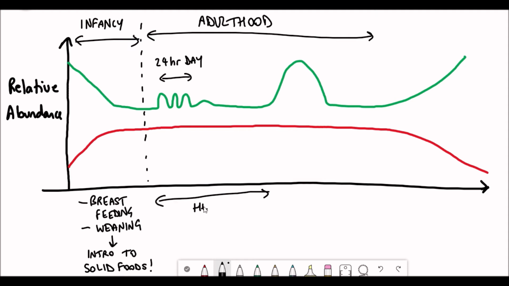So for example, if you have, let's say, a high protein diet, you will see a bias in the composition towards a certain population of bacterial species that favour that diet. And so what the healthy diet for you is thought now to be closely linked to your microbiome composition.